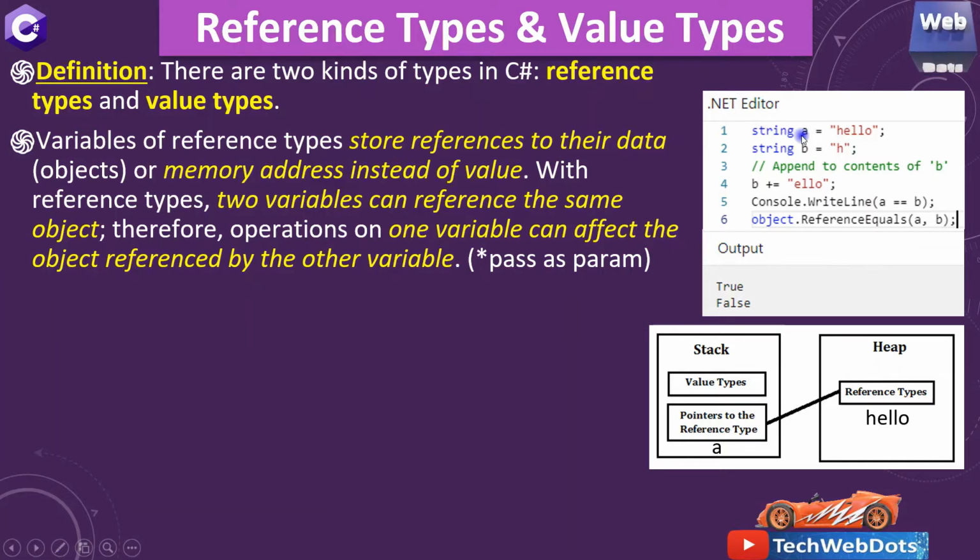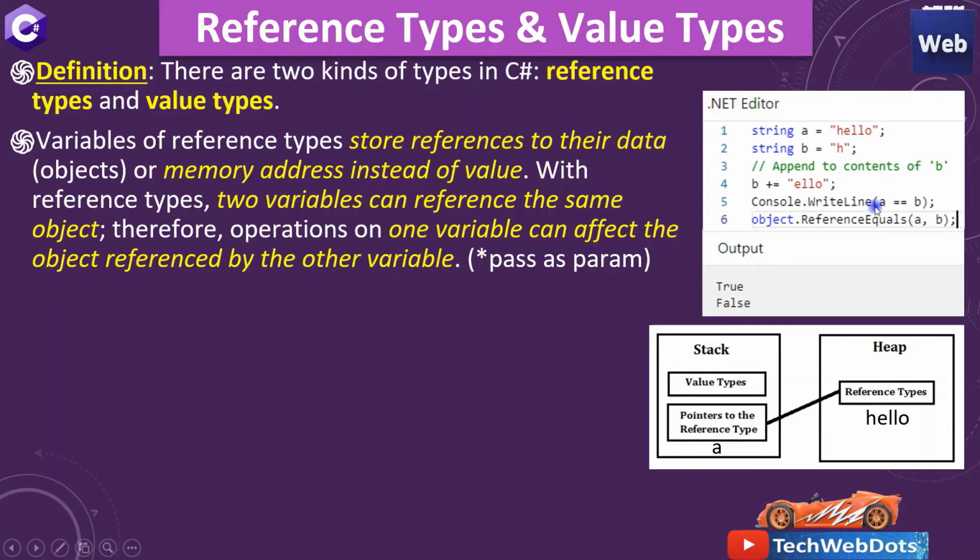Let's take an example on the right-hand side. We are creating one string A, which is "hello". We are creating another string B, in which we specify only one character, which is H. Then we are appending further letters to string B, which is ELLO. Then it's a complete "hello".